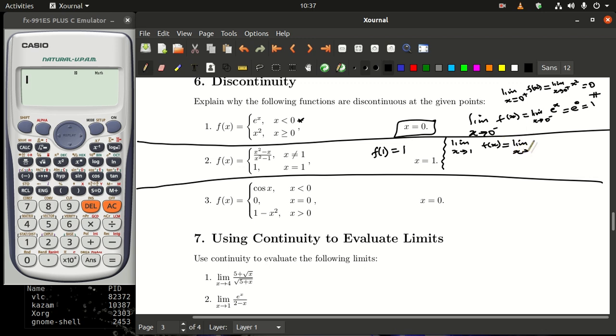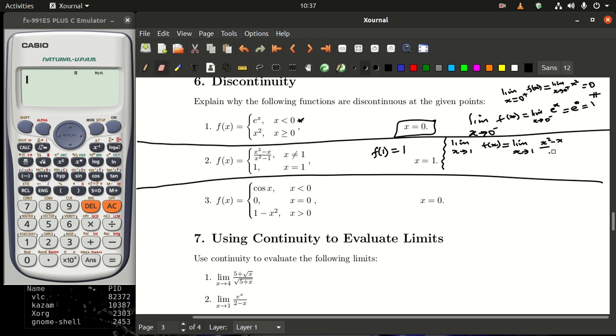Hence now, for this particular function, we know that the limit as x approaches 1 of f of x is going to be x squared minus x all over x squared minus 1. If you look into this, we can always factorize, because if I'm plugging in a 1 here, I will get 1 minus 1, which is 0. And then if I'm plugging a 1 here, I'll get 1 minus 1, which is 0. So I have 0 over 0.